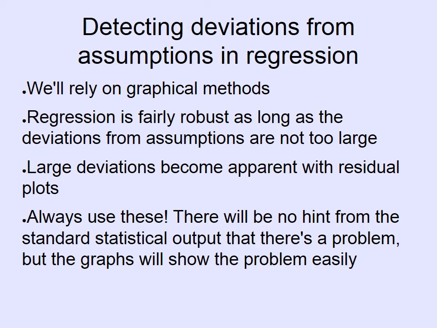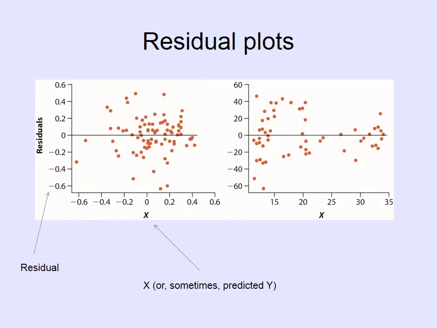So how do we detect deviations from assumptions in regression? We need graphs, because there's no way to know without these. We're going to be looking at our residual plots, similar to what we did in ANOVA. I want to get you used to looking at these, so these are super important in linear regression. Here's an example from your book regarding residual plots.